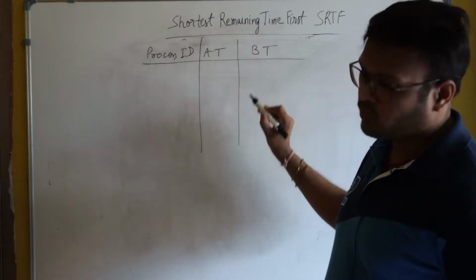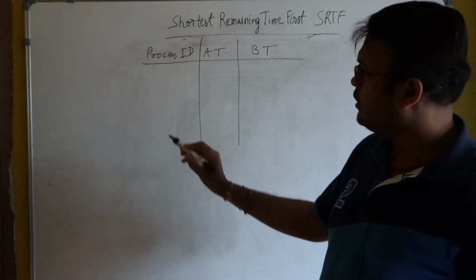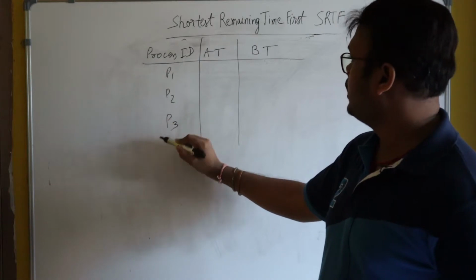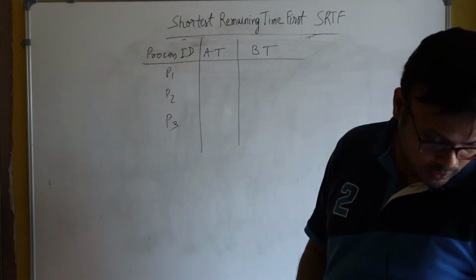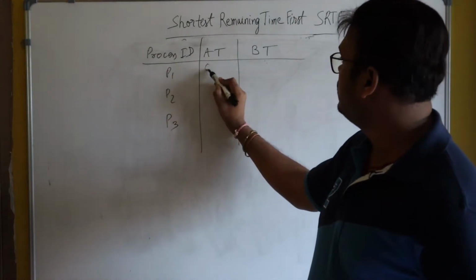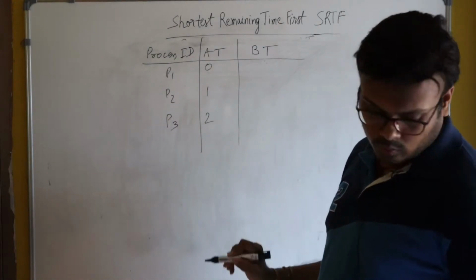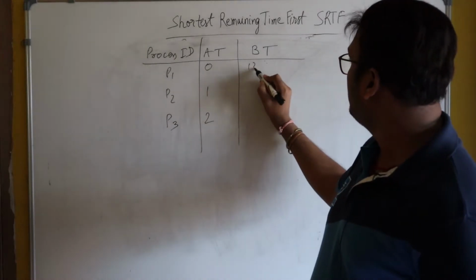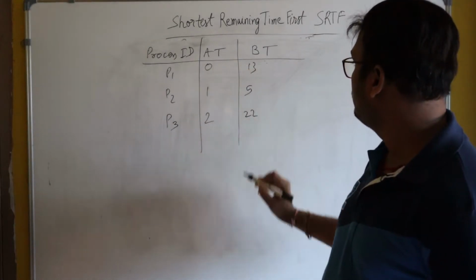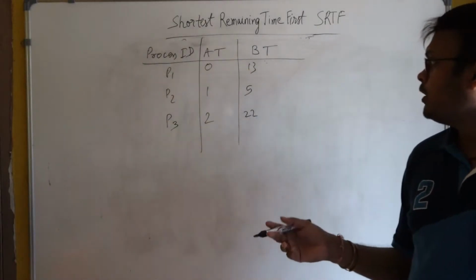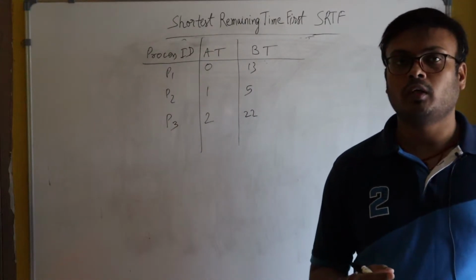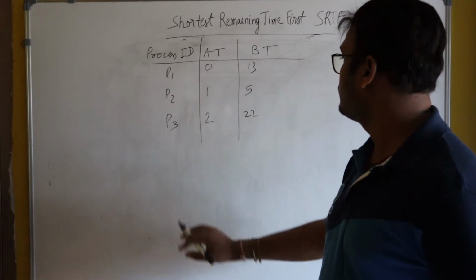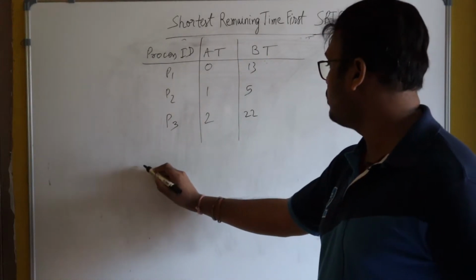It's a small question, just three processes: P1, P2, P3, and the arrival times are 0, 1, 2, and the burst times are 13, 5 and 22. Here we have to find the average turnaround time and average waiting time. So how to solve? Using SRTF, let's solve it.